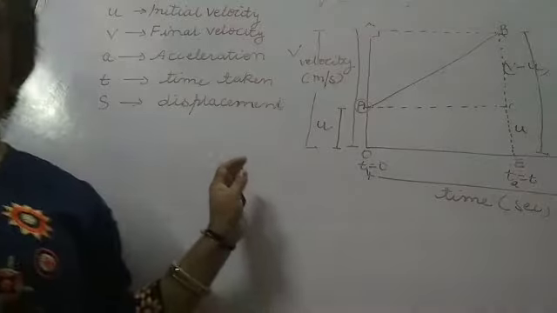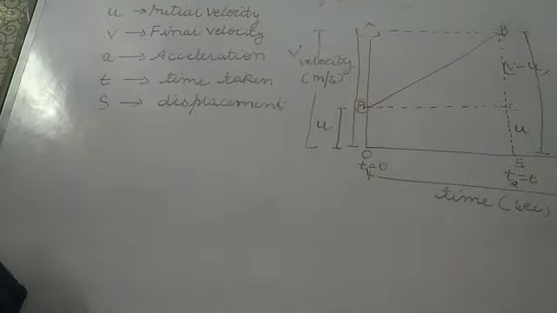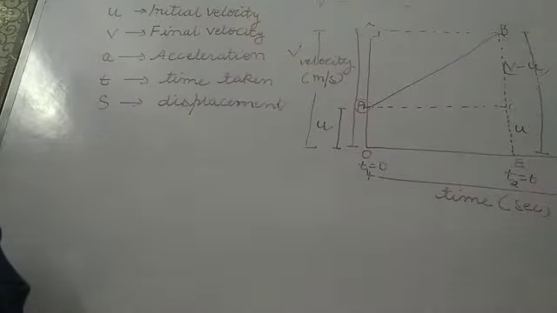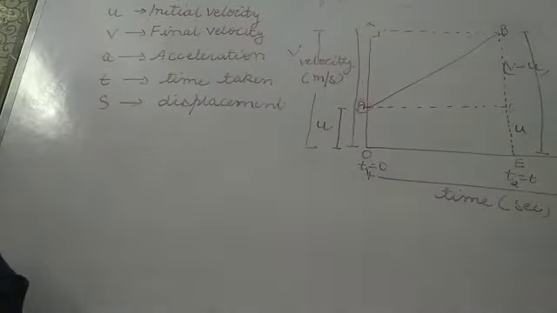Let u be the initial velocity of an object and a the acceleration produced in the body, and as we know, the distance traveled s in time t is given by the area enclosed under the velocity-time graph. So what will be the area?